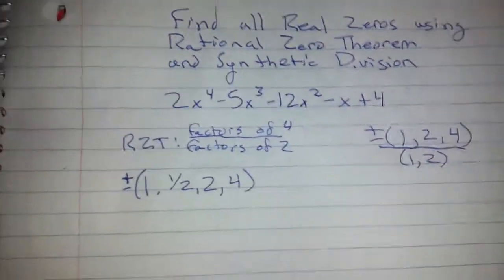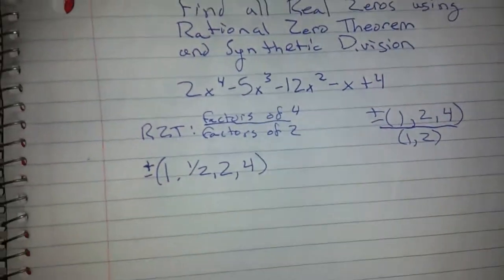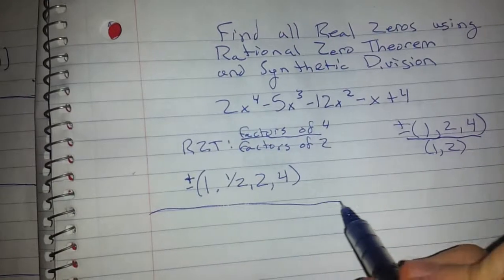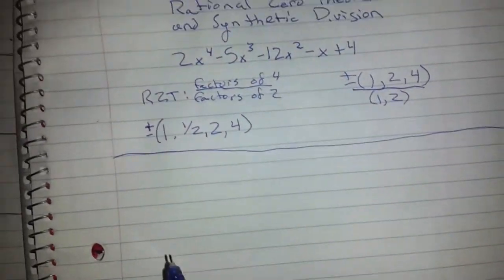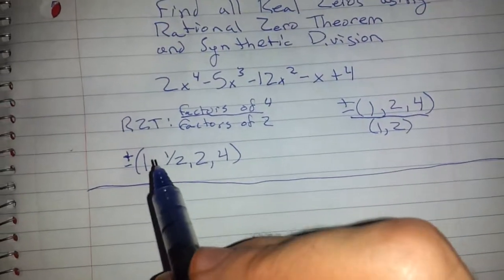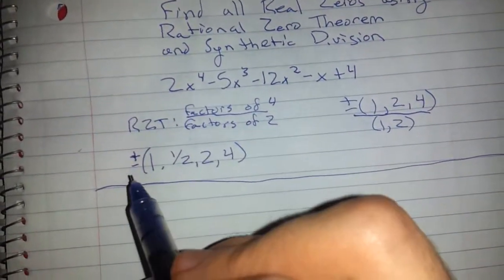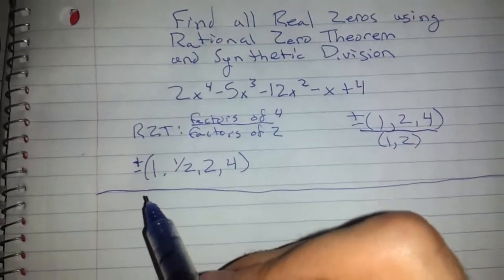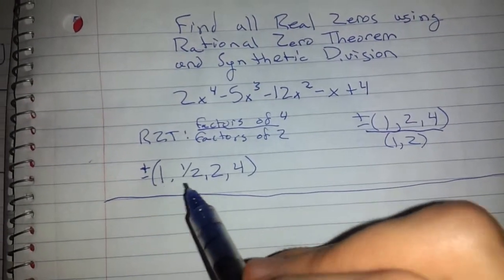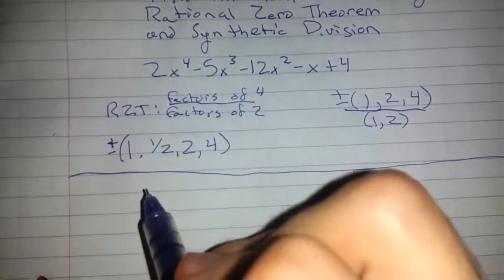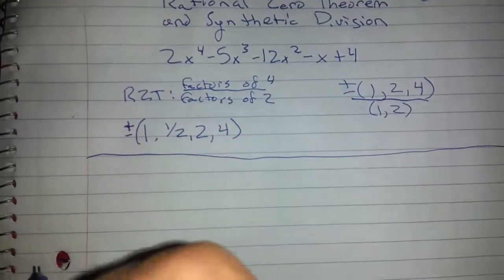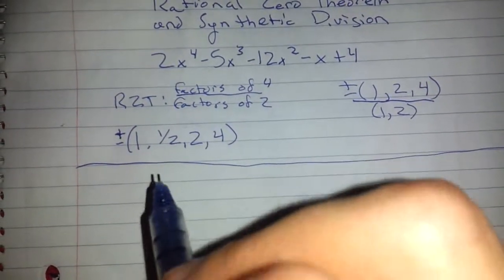Alright, and next we have synthetic division, which is our next step in the problem. Synthetic division is we're going to start by choosing any of these factors we have here, positive or negative, and this is usually just a process of elimination, going through them. We'd start with 1 perhaps, and then go to -1, 1/2, and then -1/2.